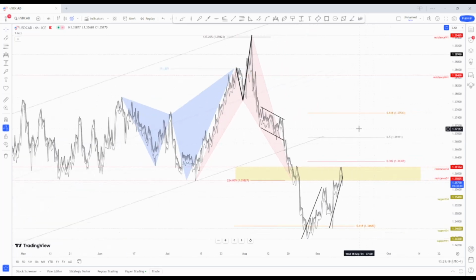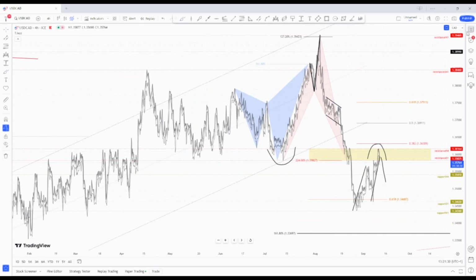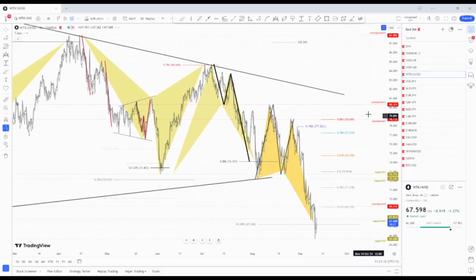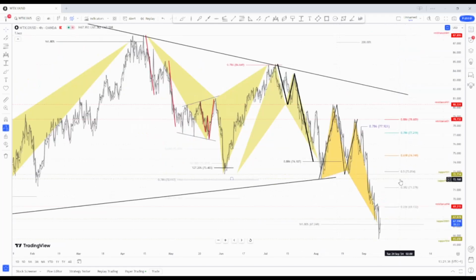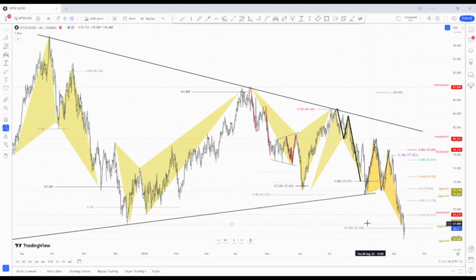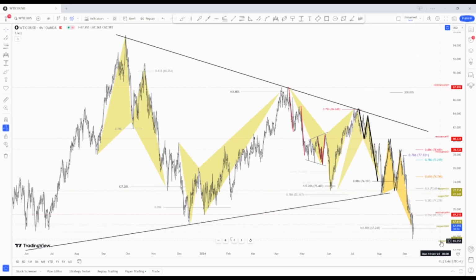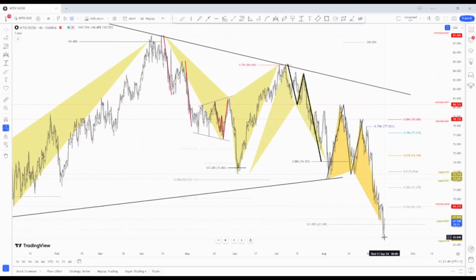We have also the dollar versus the Canadian. Previous structure support level is now acting as resistance, so we may see the price starting to pull back. One of the reasons why that may happen is also because crude oil completed the bullish deep crab pattern that we projected before at $67.24, completed and reinforced it already, at least for now, with a new fractal support at $65.65.